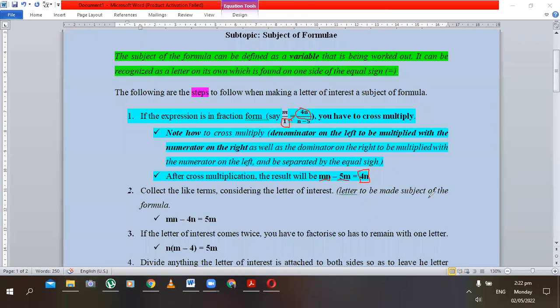Now, what are we going to do to separate what we multiplied at first and what we have multiplied last? We are saying that these expressions should be separated by an equal sign. So that's the reason why we have this equal sign over here.